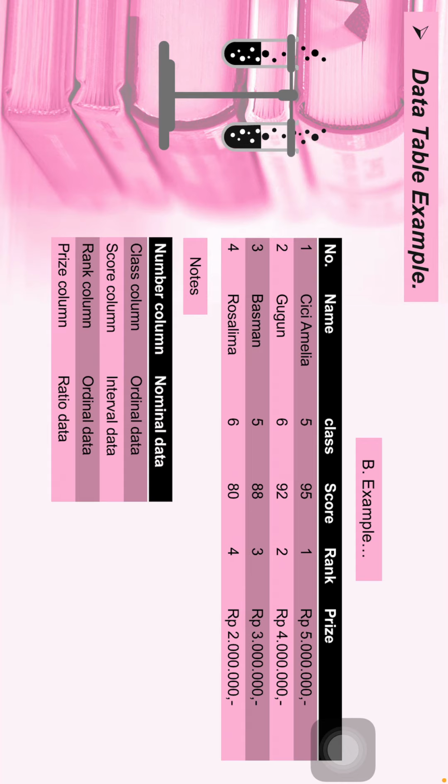And the score, because it is about the level, is called interval data. And the rank column, because it has levels, we can see 1, 2, 3, 4, so it is called ordinal data. And for the price column, because it is the ranking of the price, it is called ratio data.